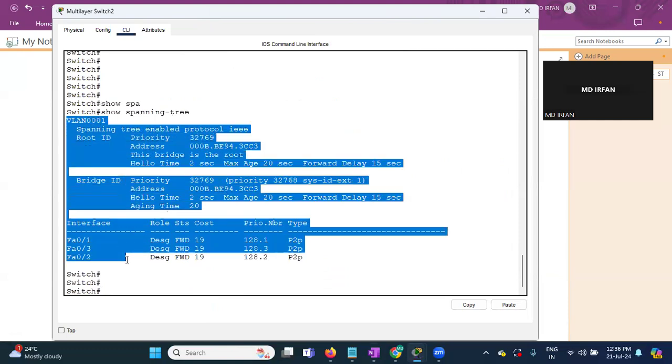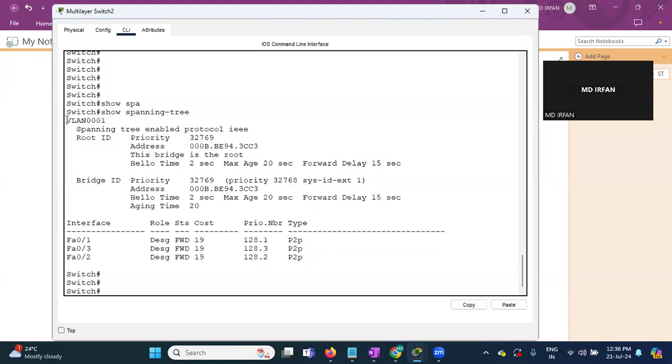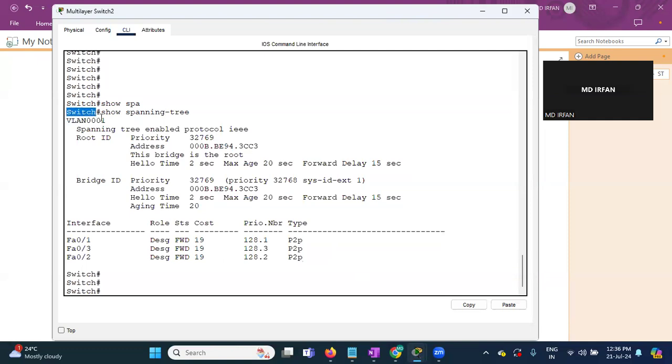Whatever information it shows you is nothing but the instance, what we call the spanning tree instance running here. If you have multiple VLANs, for example VLAN 1 to 10, you will see 10 instances if PVST is running. But if CST is running, you will see only one instance, and for all the VLANs it will give the VLAN range, and you will see all the information associated with that particular instance.